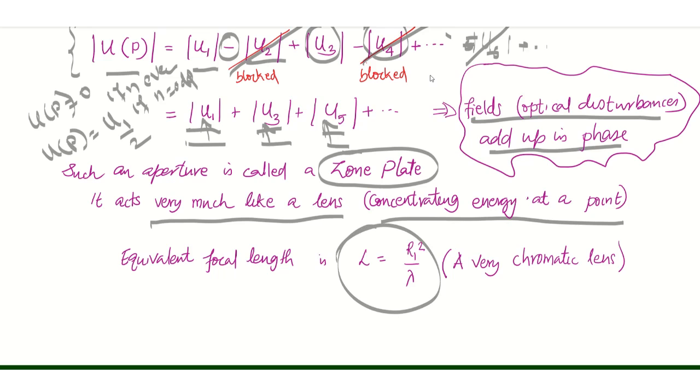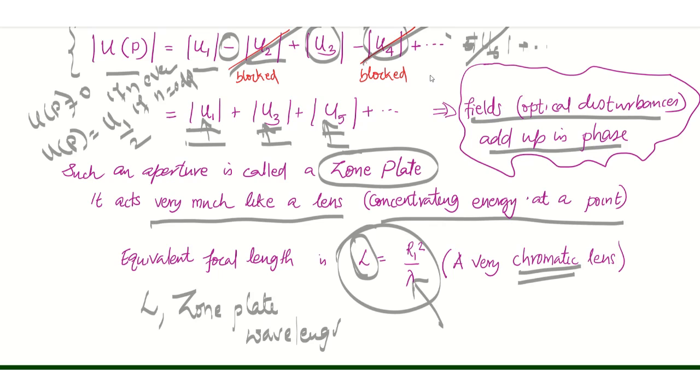Which also means it is very chromatic. It depends on lambda directly. The focal length of the lens depends inversely on lambda, which means we can define the focal length of a zone plate for a particular wavelength.